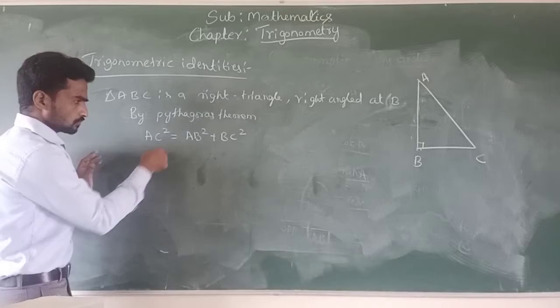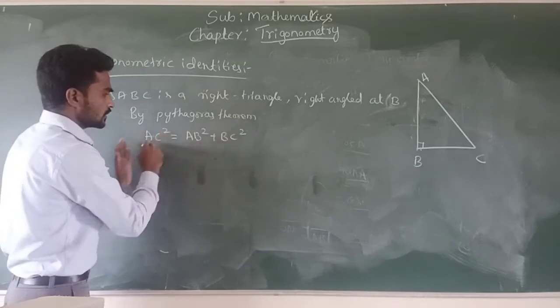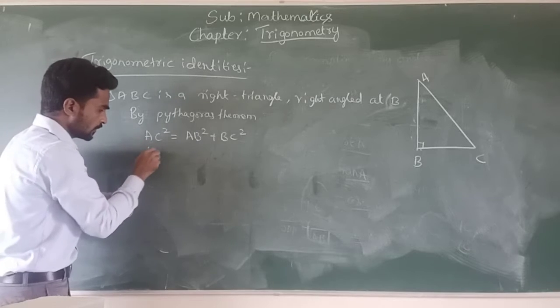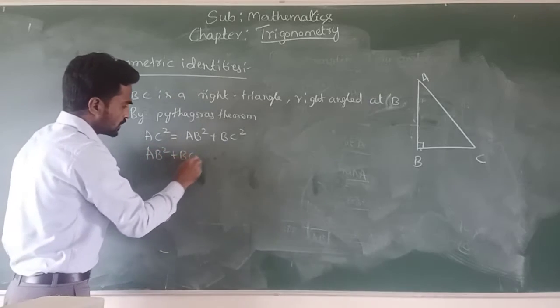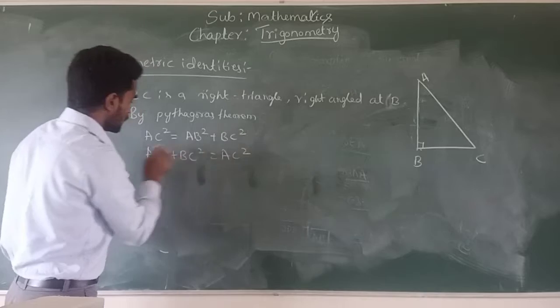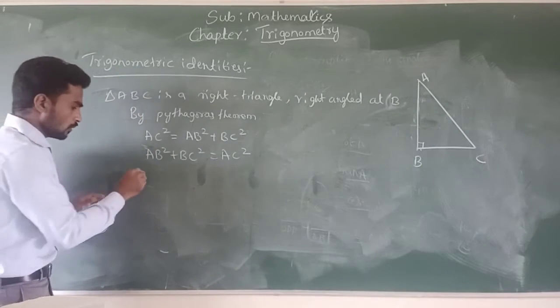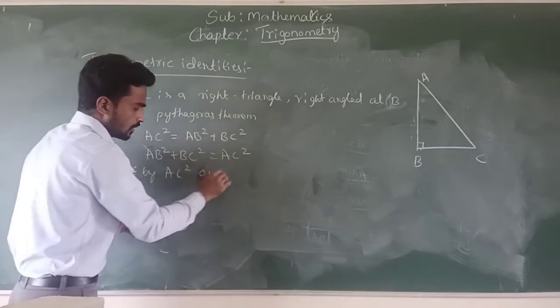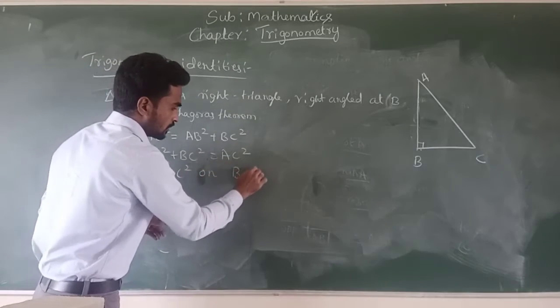Now change the LHS and RHS. Interchanging the LHS and RHS, we get AB square plus BC square is equal to AC square. Now divide by AC square on both sides.